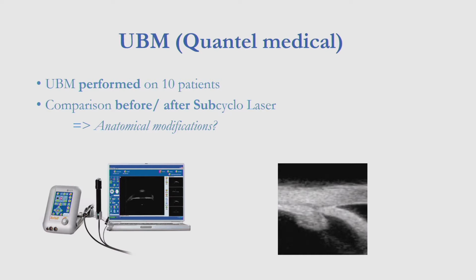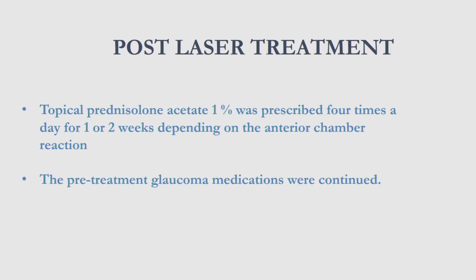A UBM was performed for 10 patients to evaluate the anatomical changes after laser. Post-operatively, topical prednisolone was prescribed 4 times a day for 1 or 2 weeks, depending on the anterior chamber reaction. The pre-treatment glaucoma medications were continued.